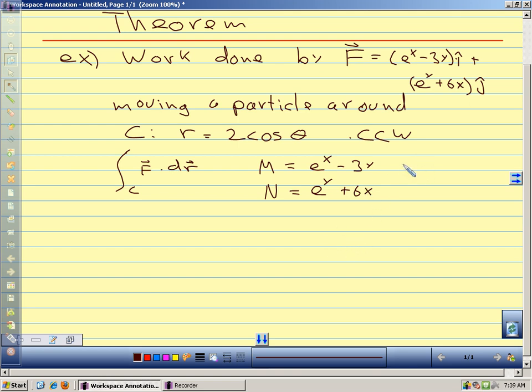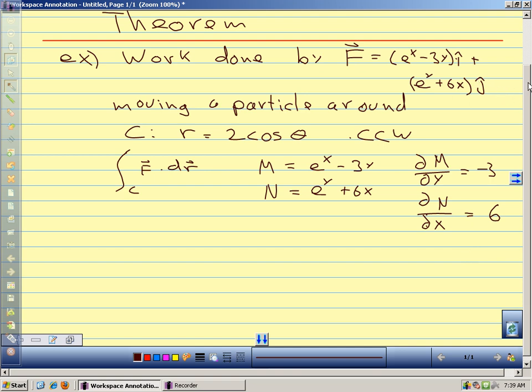So dM/dy is minus 3, and dN/dx is 6. So our field is not conservative, so our line integral is not 0.